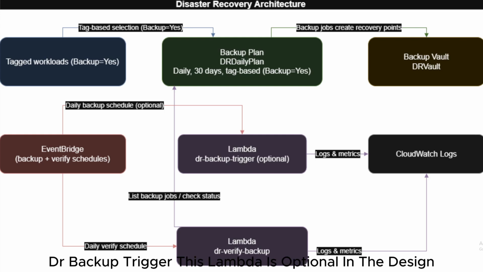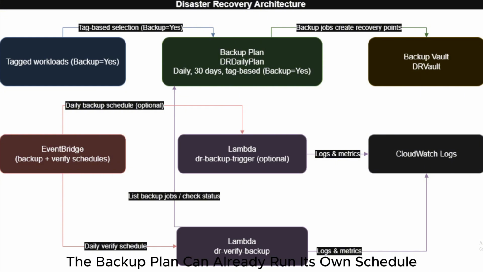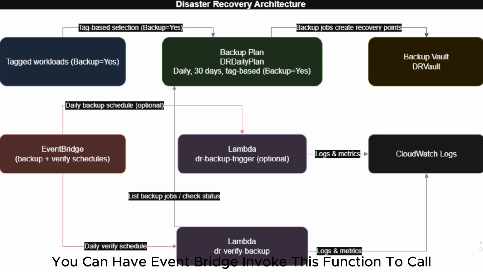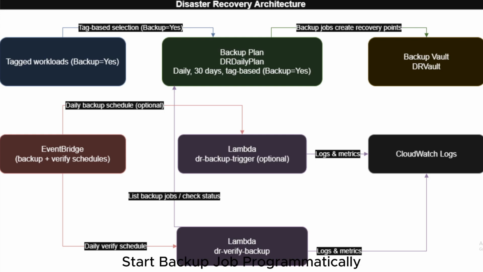This Lambda is optional in the design. The backup plan can already run its own schedule, but if you want an additional layer, like forcing an extra backup at a specific time, you can have EventBridge invoke this function to call Start Backup Job programmatically.